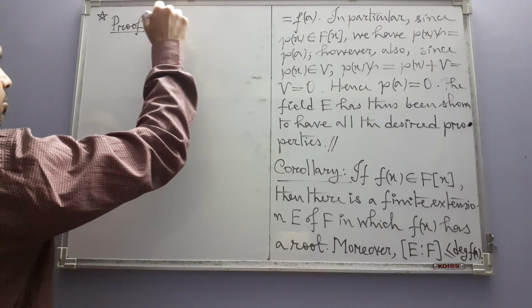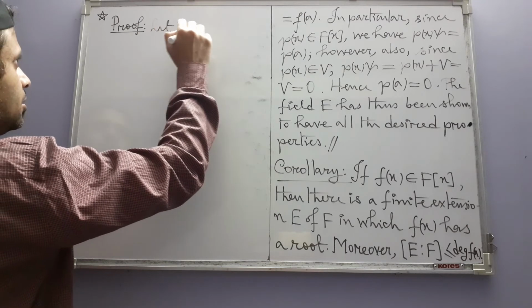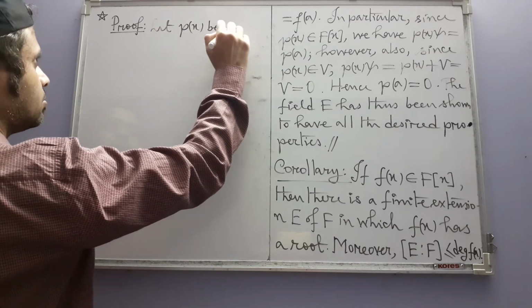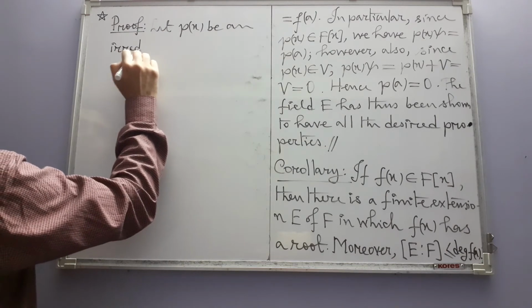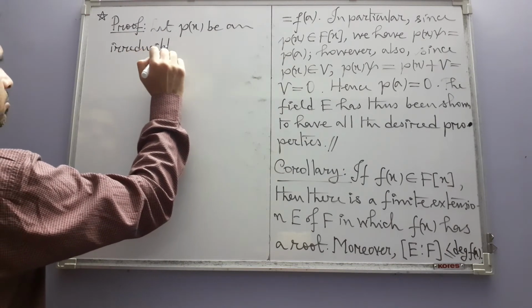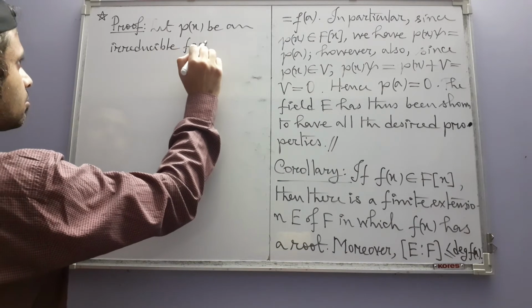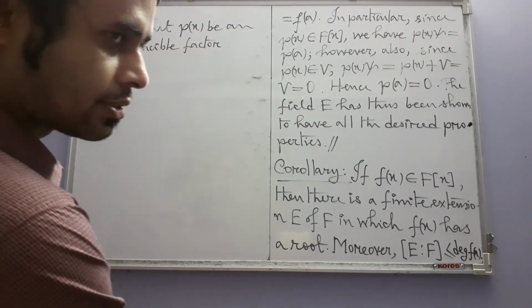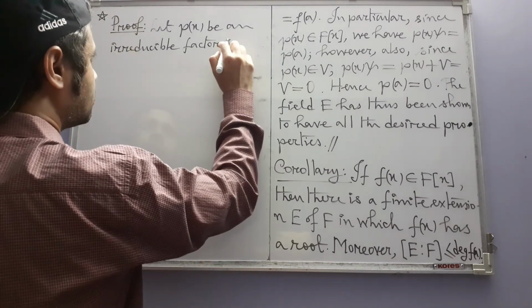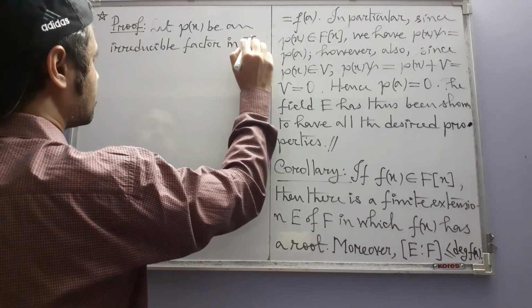let p of x be an irreducible factor. That means an irreducible polynomial that divides f(x) in F[x].